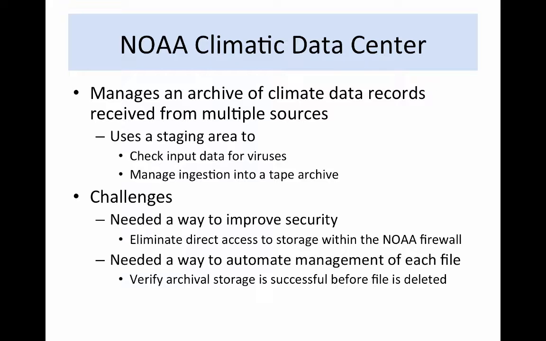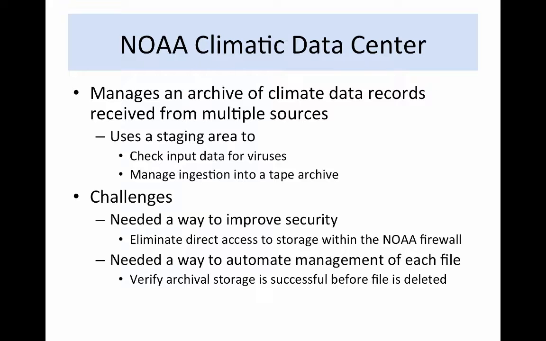NCDC manages a tape archive that is highly controlled. No external systems are allowed to interact directly with the archive. Instead, all files that are either stored or retrieved are deposited on a staging area. This makes it possible for NCDC to control processing of the files before they are written to the archive and to control access to the files that are being used in research.